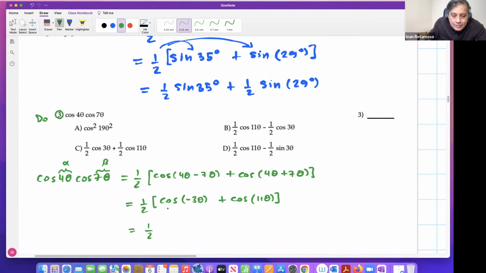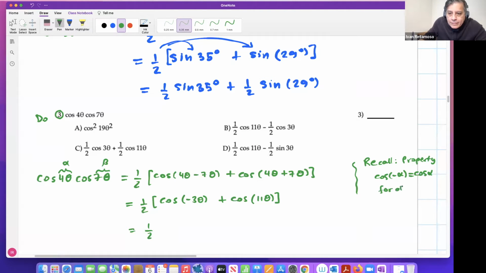Now, notice cosine of theta, recall, I'm going to emphasize, recall: cosine of negative alpha is the same as cosine of alpha. It's a property, right? Cosine of negative alpha equals cosine of alpha for all alpha, right?